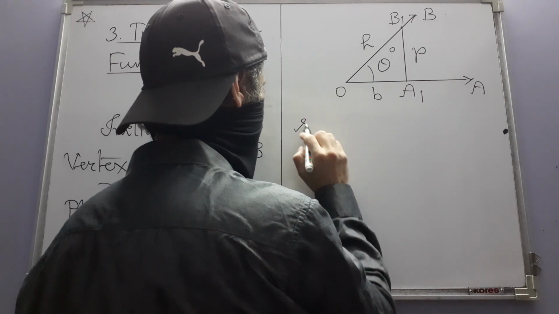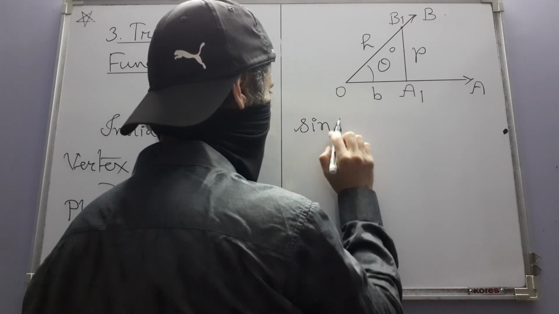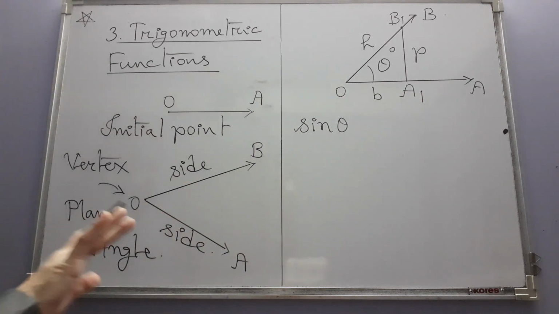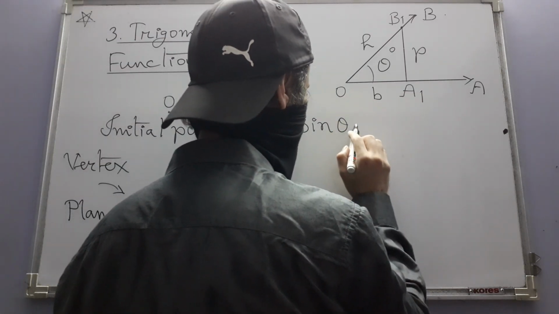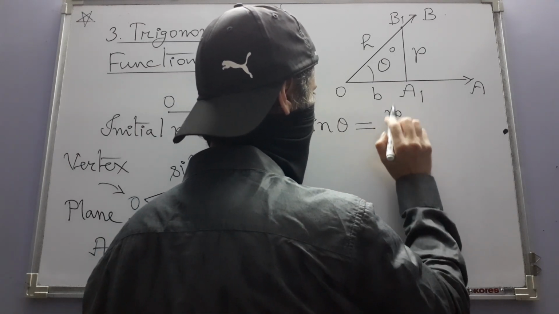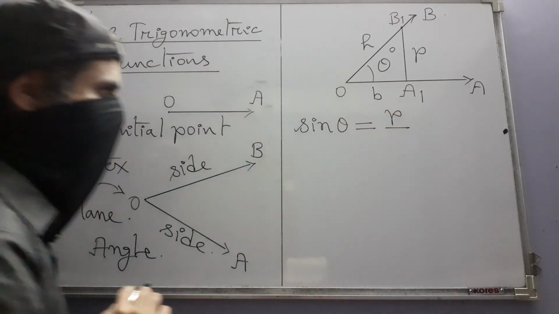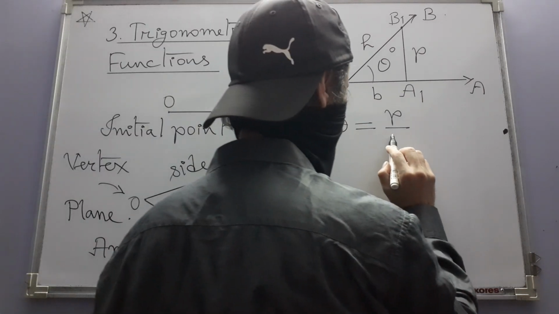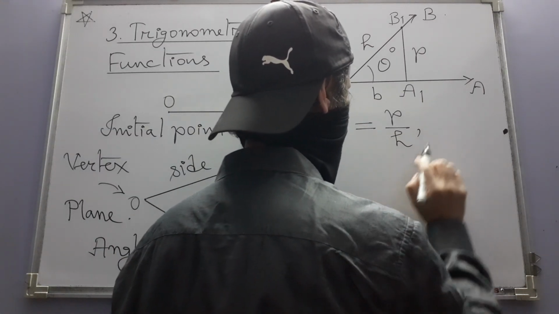So what is sine theta? Instead of again and again writing theta degree, let's assume that the unit is in degrees. This is the P side, that side length P divided by the length of the hypotenuse.